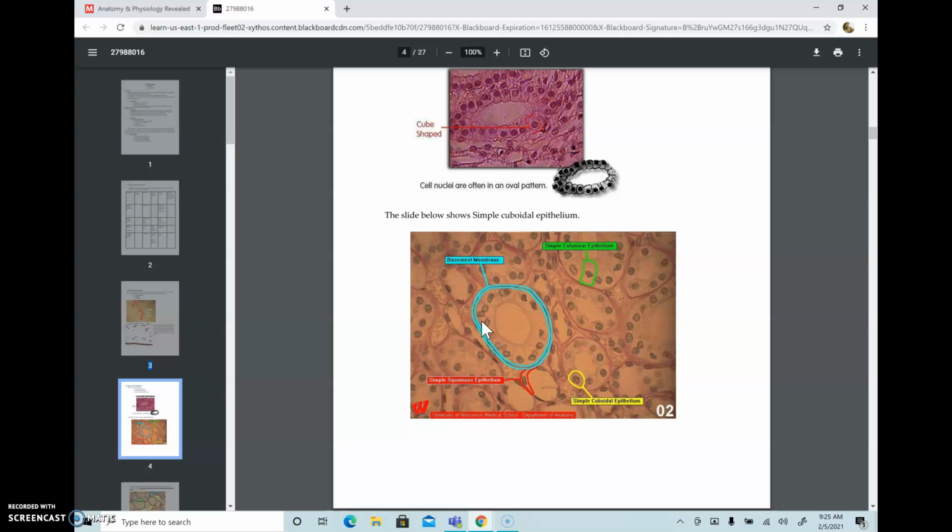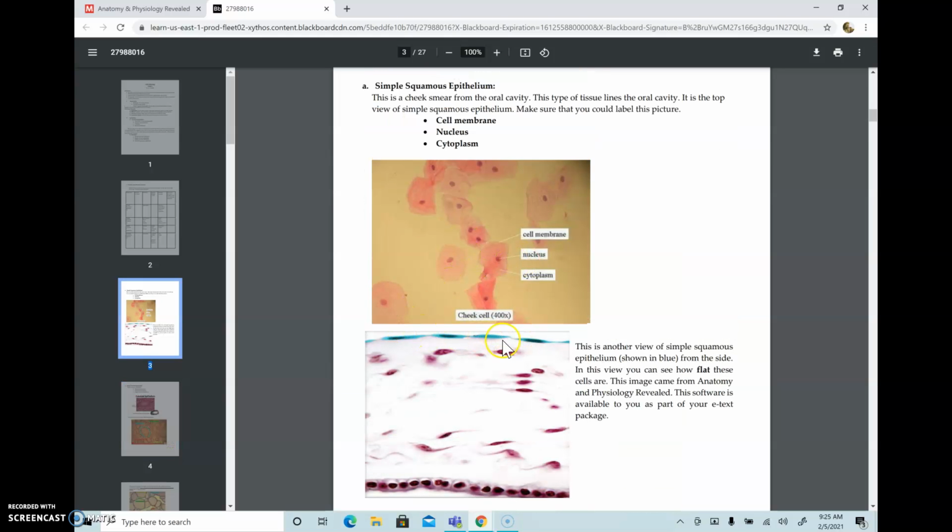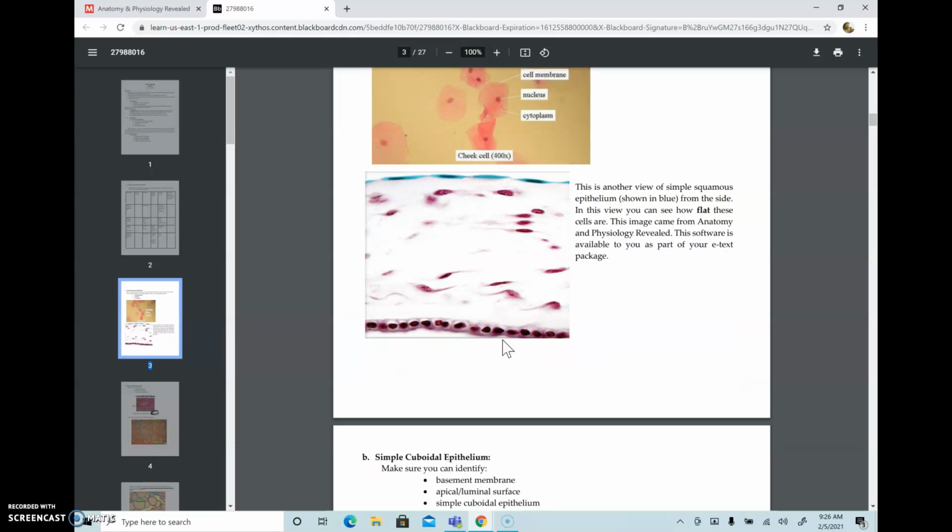So we can say that cuboidal epithelium cells are cuboidal in shape, whereas simple squamous epithelium look really flat and squished. Keep in mind structure always defines function. For example, these cells are flat and thin to allow quick exchange of gases. Remember, these are really, really thin.